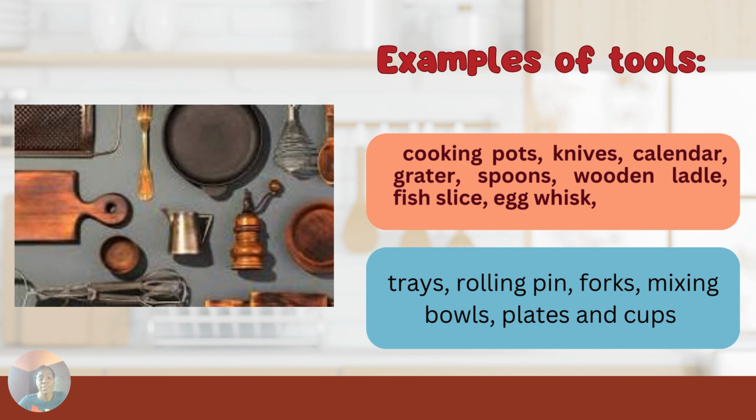Now, let's look at the examples of tools. Although I've mentioned some examples, let's look at some other examples as well. We have cooking pots, knives, colander, grater, spoons, wooden ladle, fish slice, egg whisk, and so on. We have a lot of them in the kitchen.